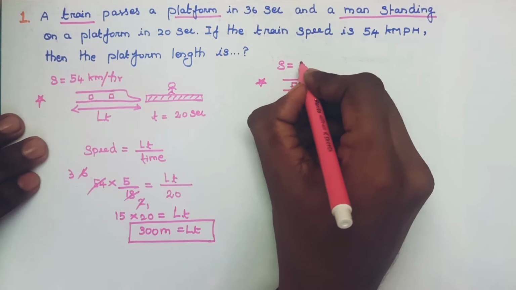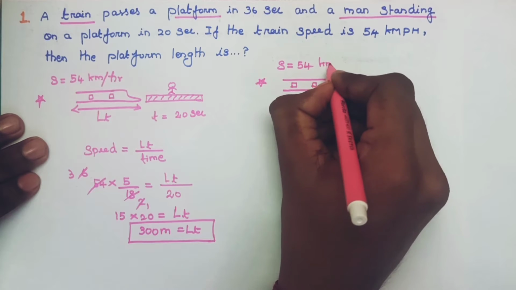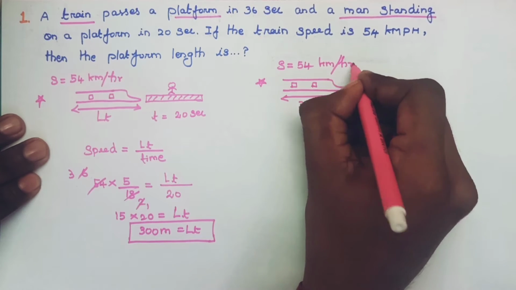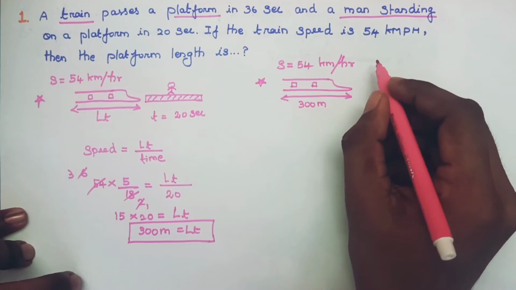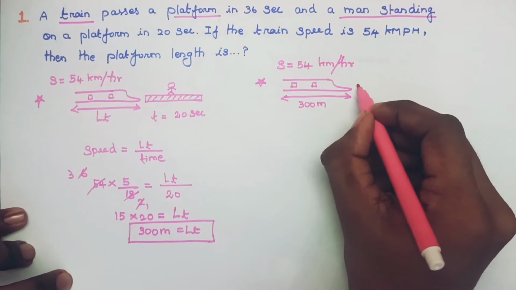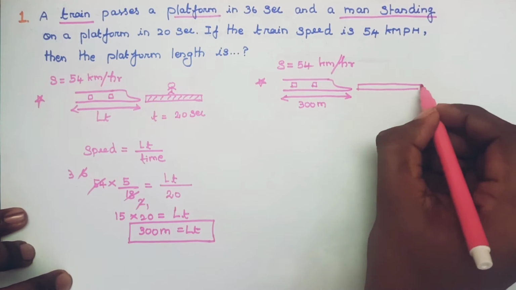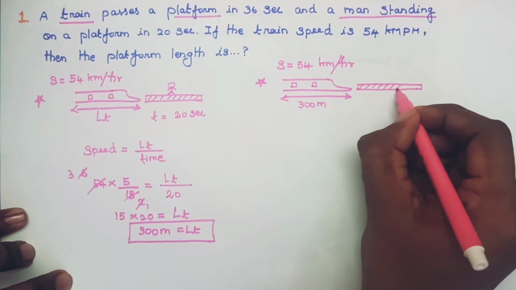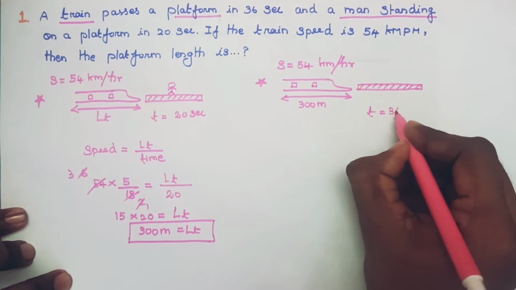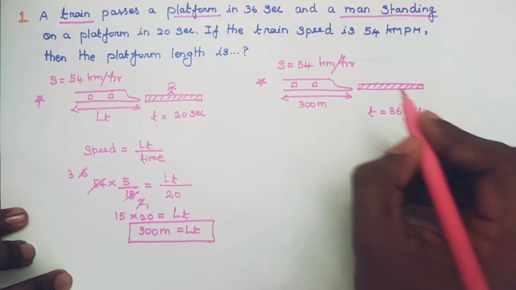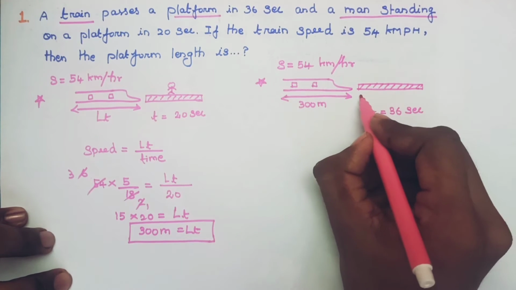That is the same speed, 54 km per hour. Speed is common for both methods. The train passes a platform. Here is a platform. Platform in how many seconds? 36 seconds.